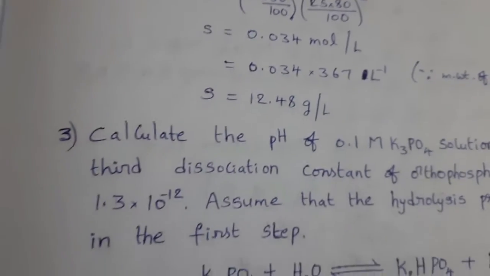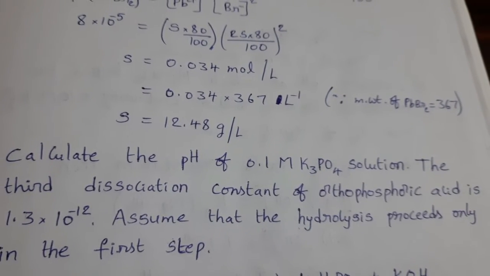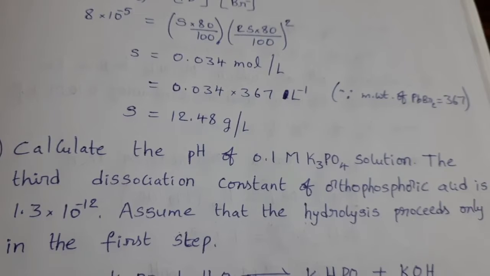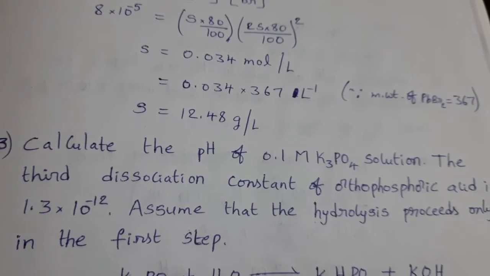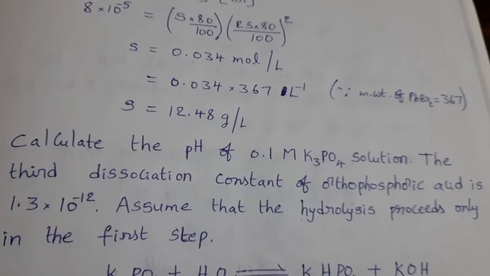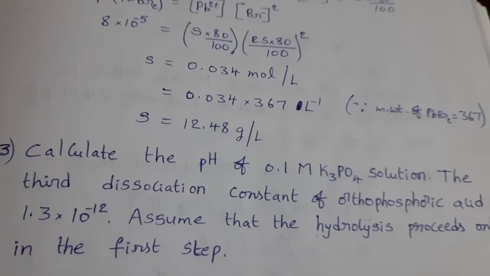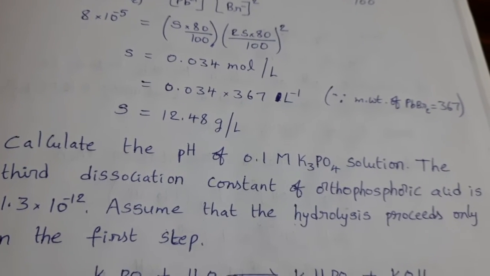Okay, see the next one. Calculate the pH of 0.1 molar K3PO4, potassium phosphate solution. The third dissociation constant of orthophosphoric acid is 1.3 into 10 power minus 12.